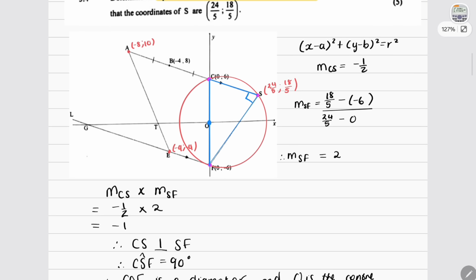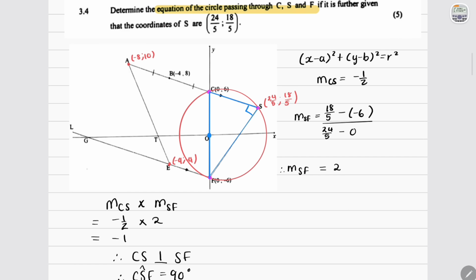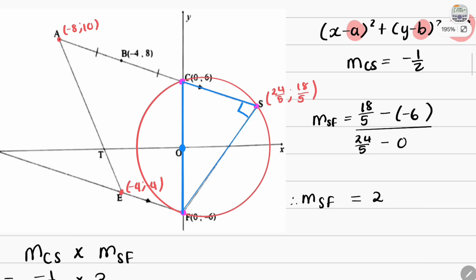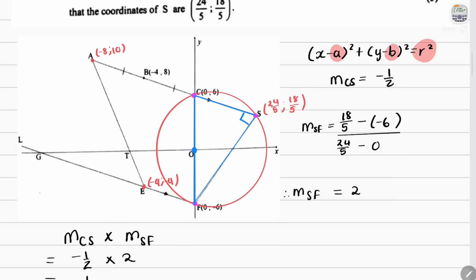Because of this, there's a bunch of things we know. We know the center, so we know what A and B are. And because the origin is at the center, and you can see that the radius is a vertical line, we also know what R is. You're going from the center to the circumference. That's exactly 6 units. The length of the radius is 6 units.